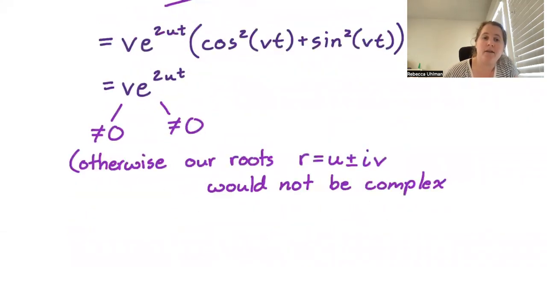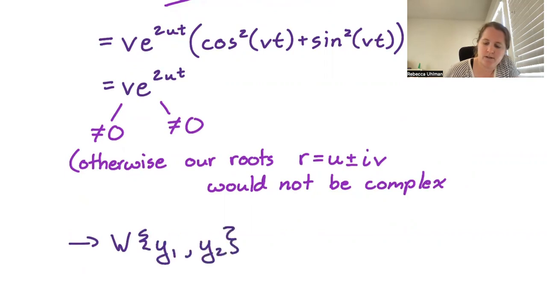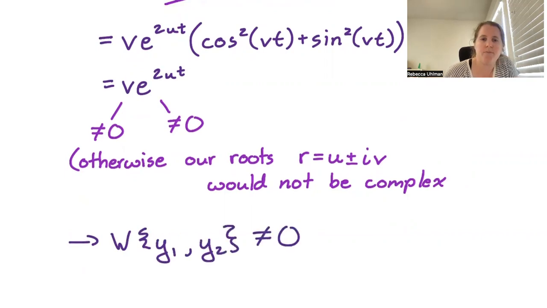So we get then that our Wronskian of y1, y2 is not equal to 0.